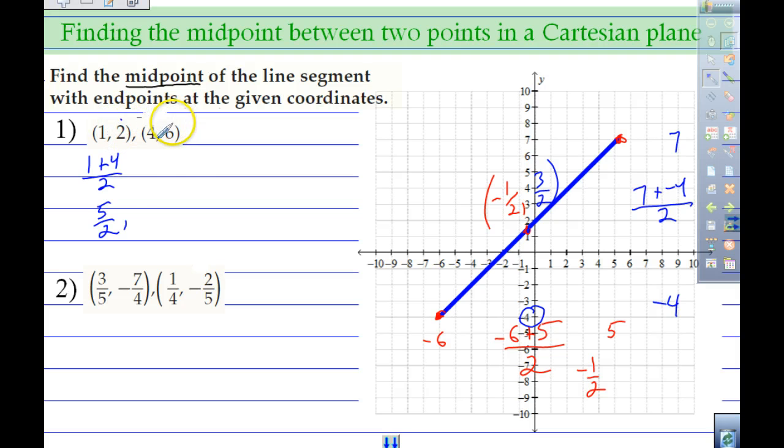What's the middle of 2 and 6? 2 plus 6 over 2, 4. That's all. So we can find the middle just by finding the average of the x's, the average of the y's. The middle is the average.